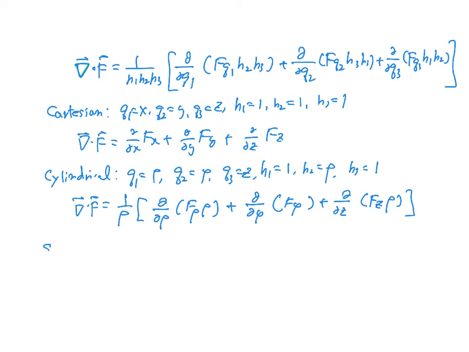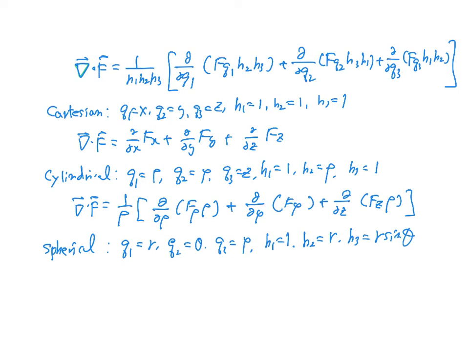Spherical coordinate. Q1 is r, Q2 is theta, Q3 is phi, H1 is 1, H2 is r, H3 is r sine theta.